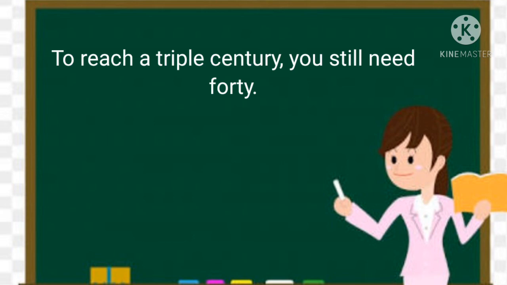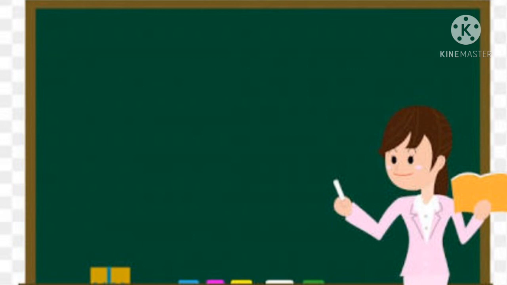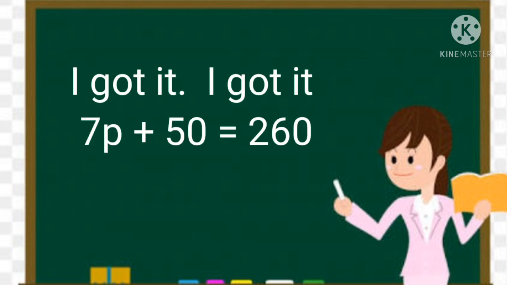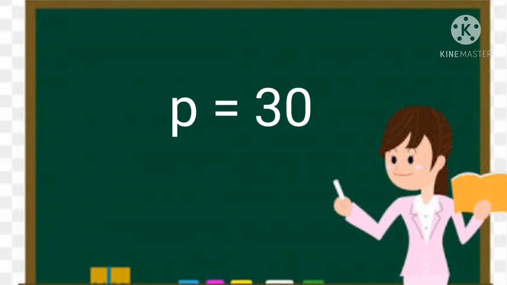To reach a triple century, you still need 40. Triple century is 300, then minus 40 is 260, ma'am. I got it. 7p plus 50 is equal to 260. Then what's the number? p is equal to 30, ma'am.